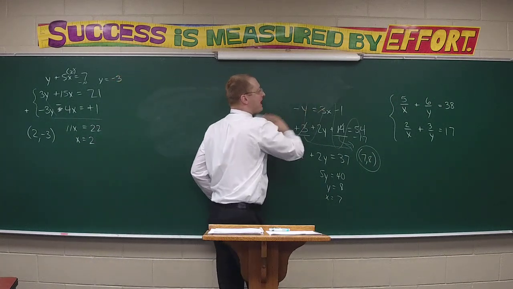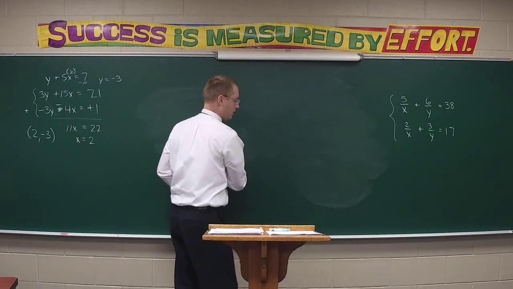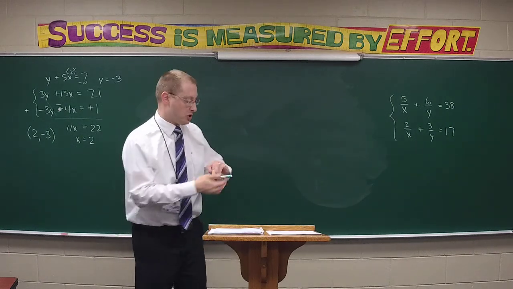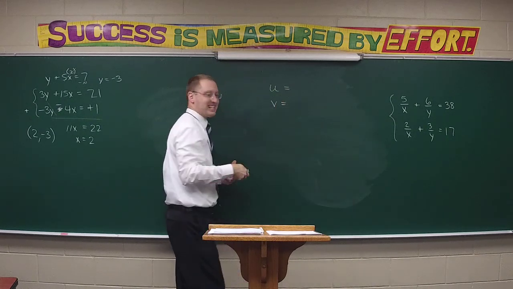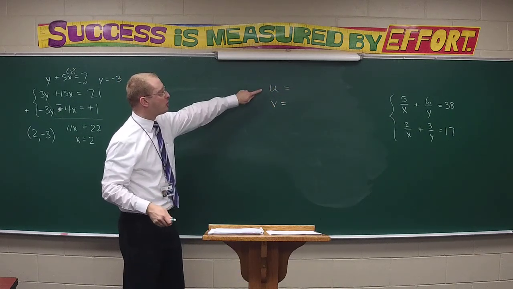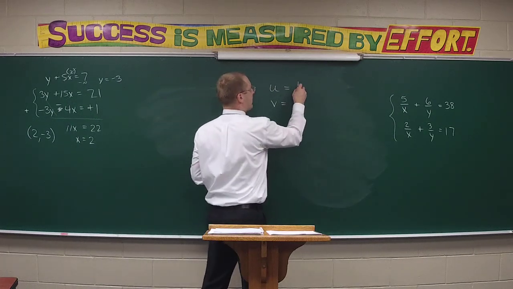So I said what we might do instead is use a process that we call UV substitution. Where we're going to substitute U and V for certain pre-designated equivalences. Class, we said that we're going to allow the letter U to represent what? The reciprocal of x, or 1 over x.